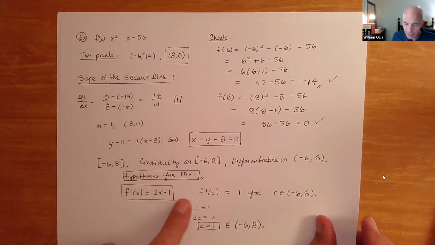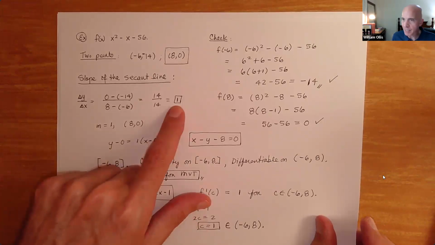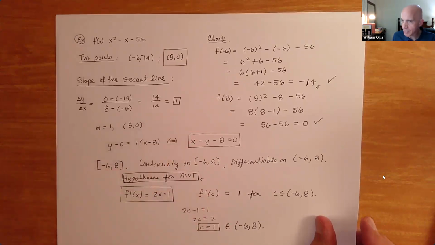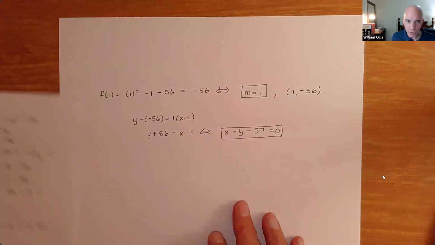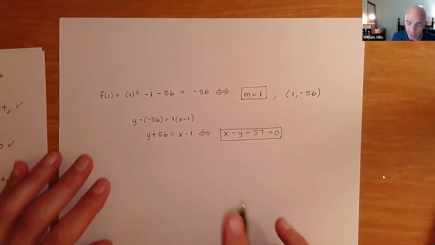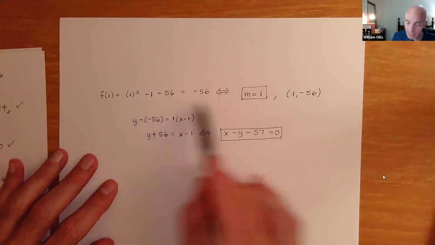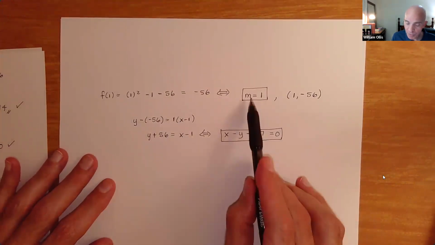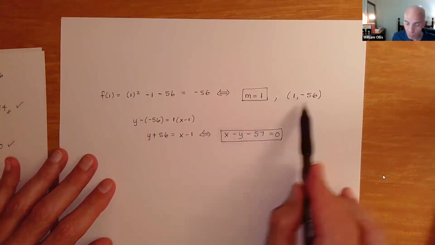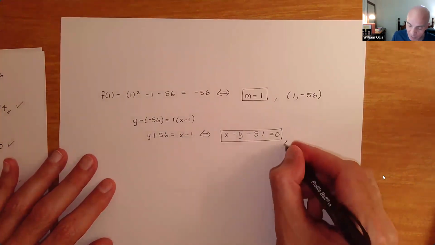And then, just like with Rolle's theorem, looking at the derivative so we can uncover the value of c, which in this case gives us the element of the domain for which the tangent line slope is that of the secant line slope. Existence, remember, existence. And then we can compute the value of f at 1 to get the point. And with the actual slope of the line and the point, we can draw the tangent line.